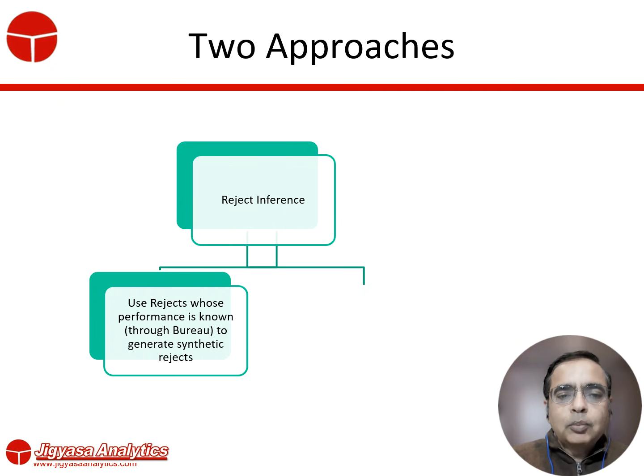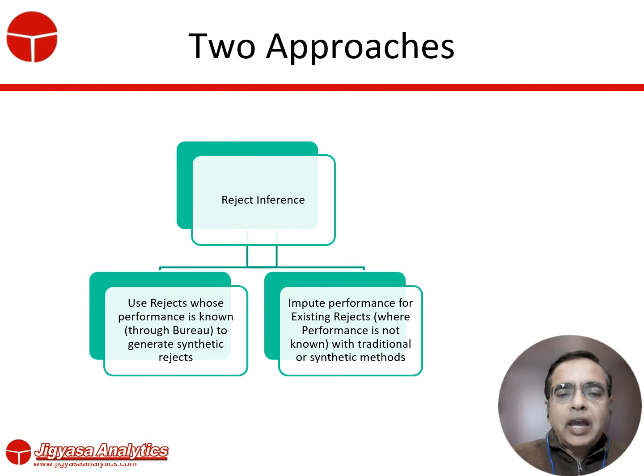And the second approach is that we actually impute the performance of the existing rejects using traditional methods like data parcelling or synthetic methods using large language models or diffusion models.